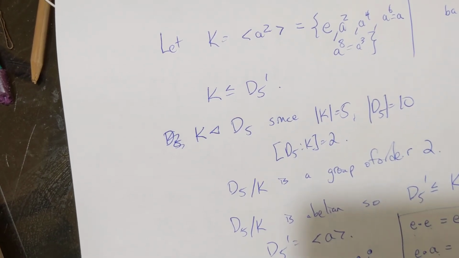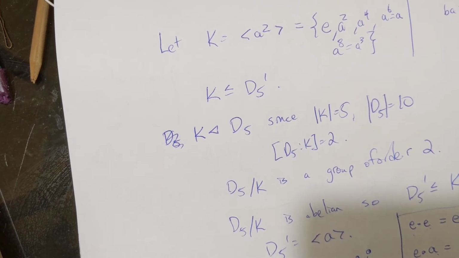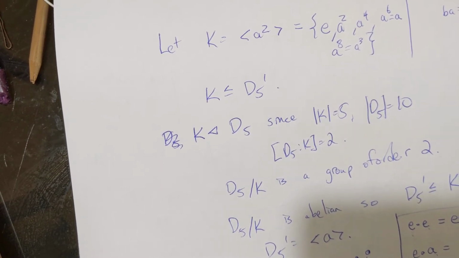If we do that, IJ is minus JI, I inverse J inverse. I times I inverse is just the identity, J times J inverse is just the identity, so you have minus 1.